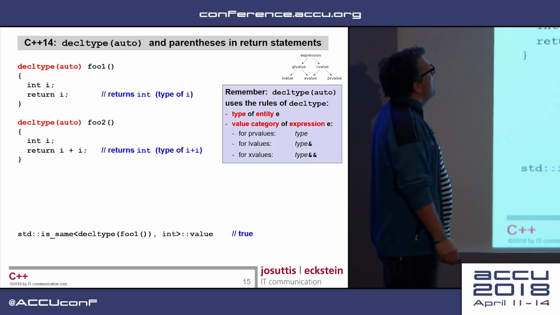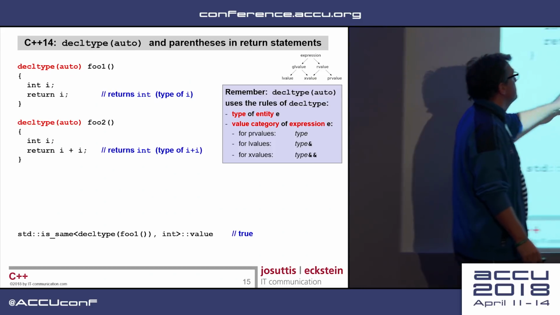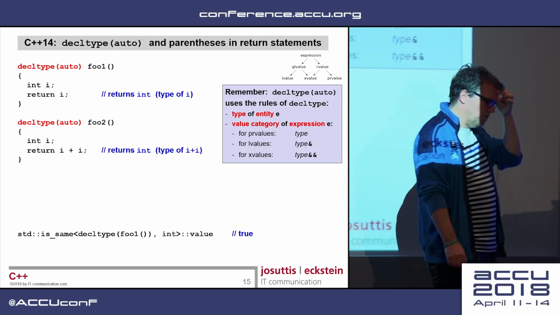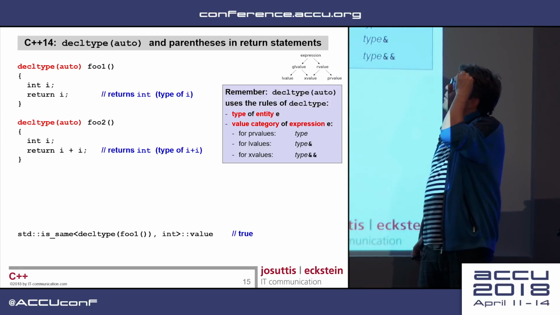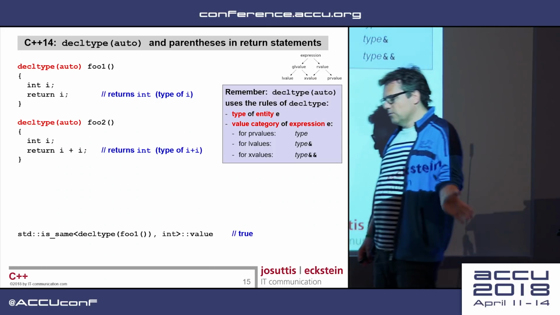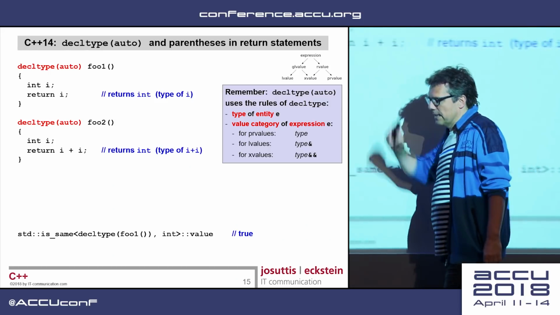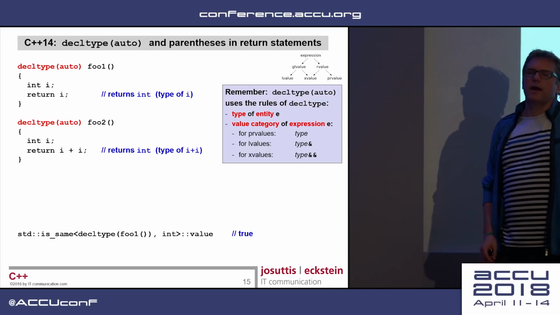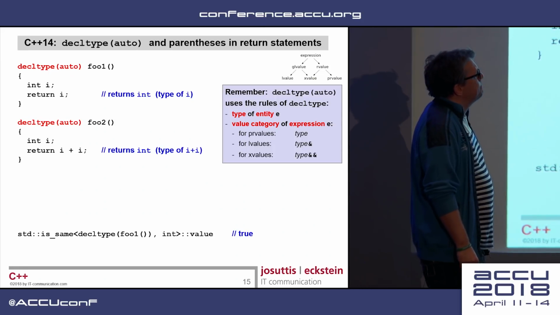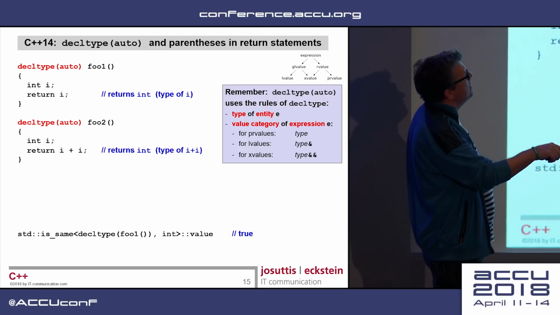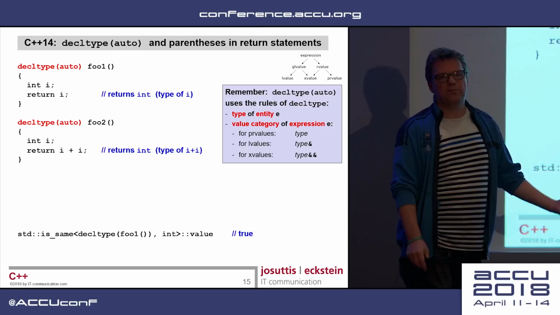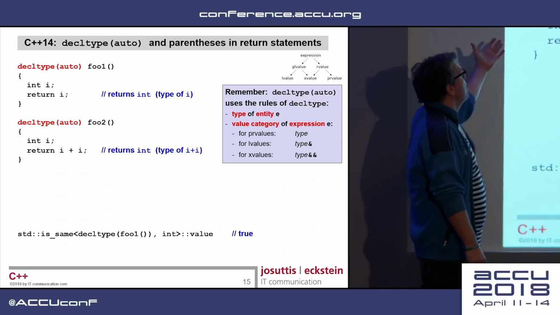But if you return an expression, then the rules of decltype for expressions are used. And these rules say we are taking the value category of this object into account, which is not a problem if you have something like i plus i, because i plus i is a temporary object. A temporary object is a prvalue, and for prvalues, decltype deduces just the type without being any reference at all. So this return type is int.